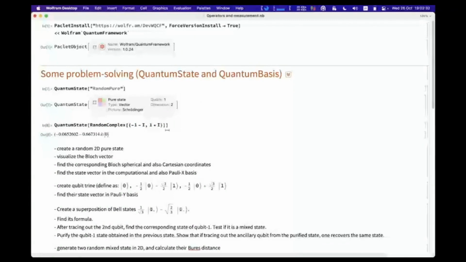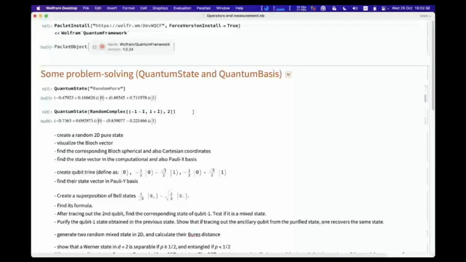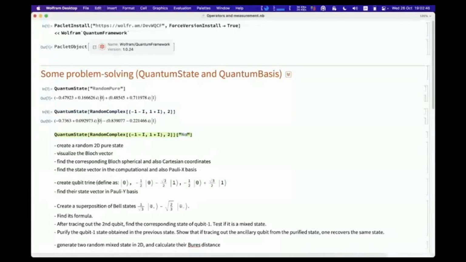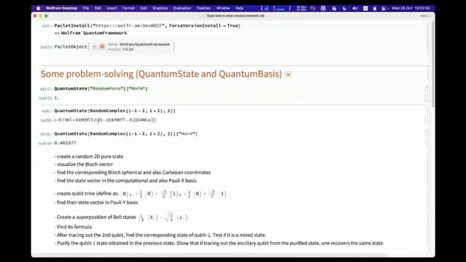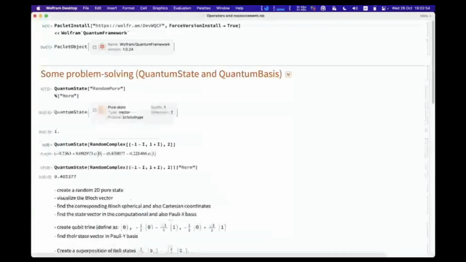In the second example, Nick is creating two random complex numbers, and you can inject them as amplitudes. The second option may give you some headache, because it's not normalized. As you can see, Nick is showing you the normalization factor, but the built-in returns a normalized state.